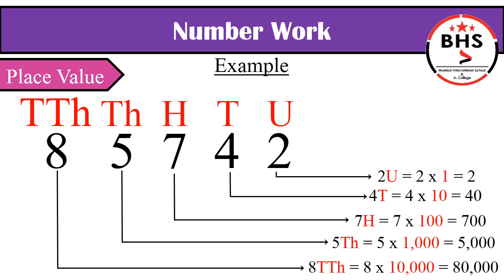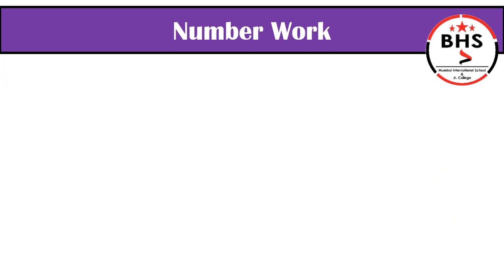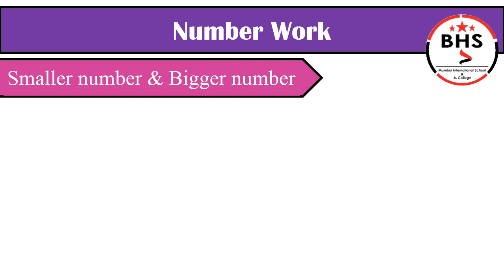In part 3, that is place value, we have studied how to find the place value of any digit in a number. Children, in today's lecture, we will study the last part of our chapter, that is smaller number and bigger number. So let us start.